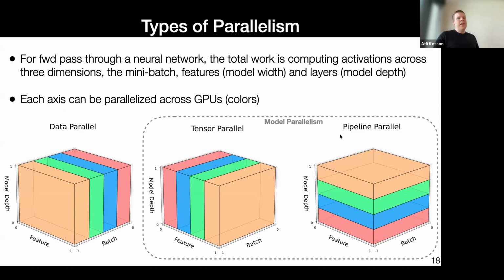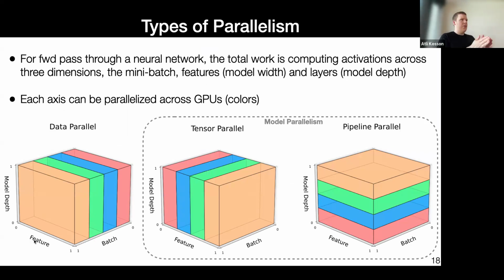And in general, you can divide the types of parallelism into 3. Here we are just considering the total compute that we need to do, let's say, for a forward pass through a model. And you can view this as a cube. On one dimension, you have all the different layers that you need to process to get the output.